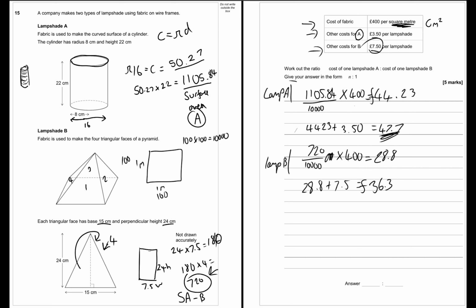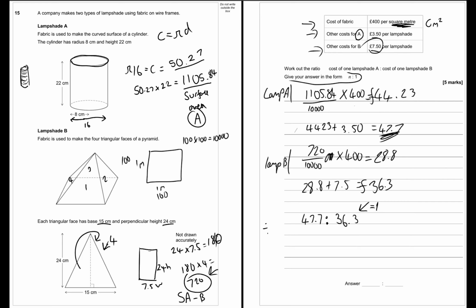But the question wants your answer in the form n:1 as a ratio. So let's write the cost of lampshade A. So lampshade A, the total cost was 47.7, and the total cost of lamp B was 36.3, and we want to get lamp B to equal 1.